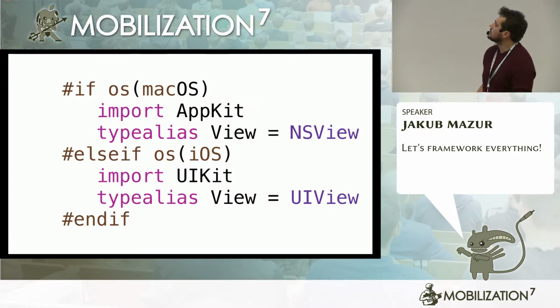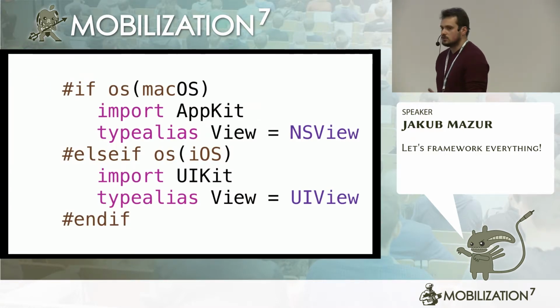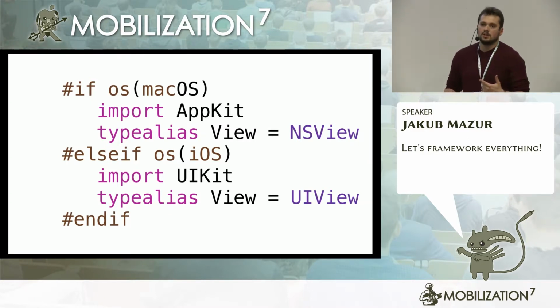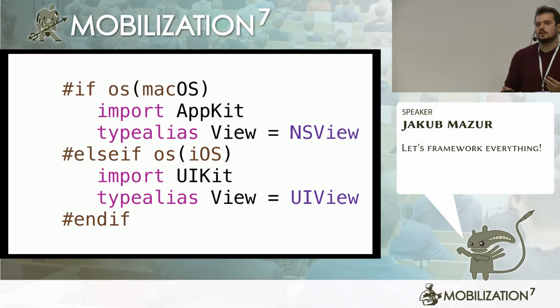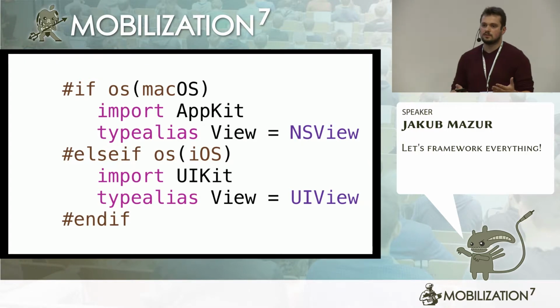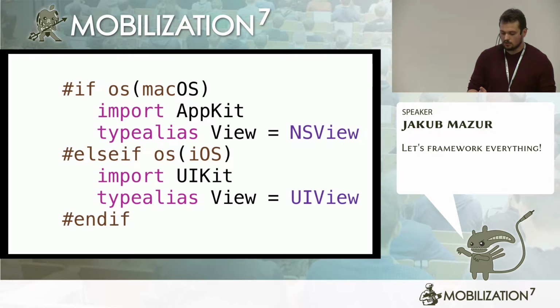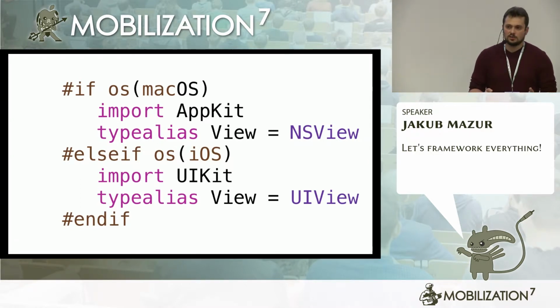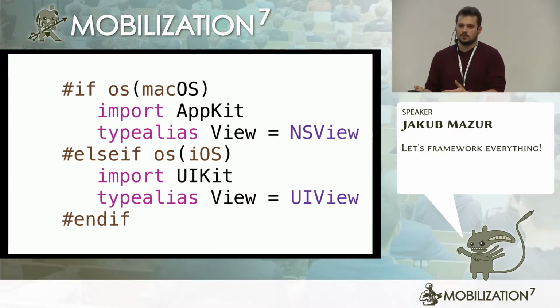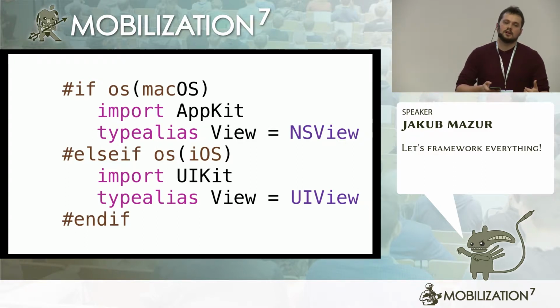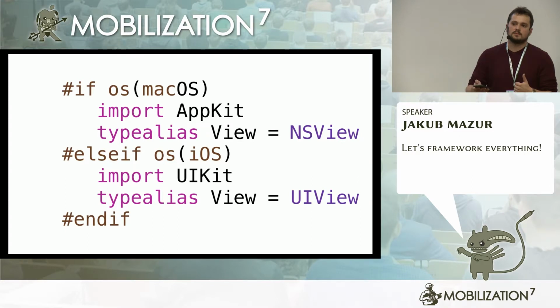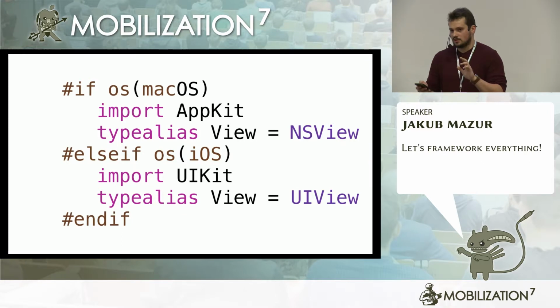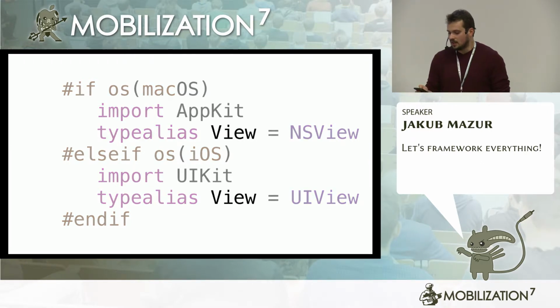To achieve that, we use type aliasing for the views on the other platforms. So we have NSView on AppKit and UIView on UIKit, and we just type alias a View, and every class from view will subclass from this view, actually.